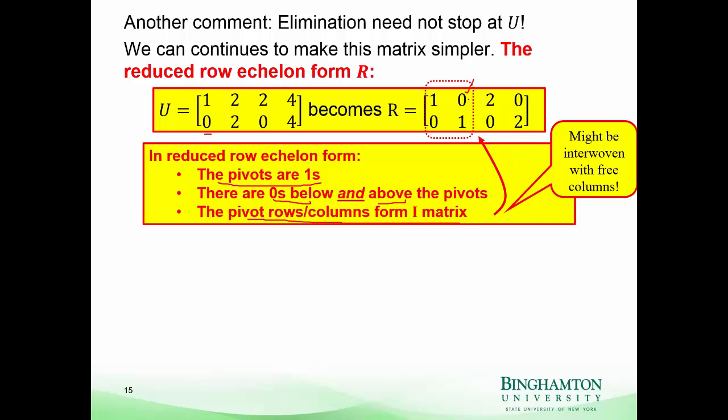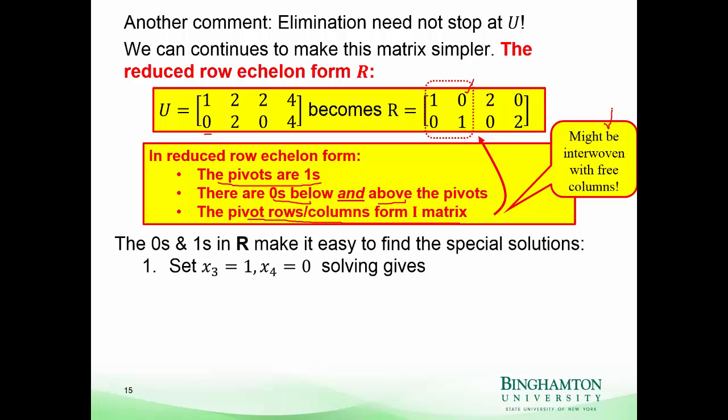So in this case, it's very easy to see the identity matrix there. But we'll see in the next example that the pivot columns might be interwoven with the free columns. So you won't see that identity matrix structure sitting there all grouped together. So it'll be easiest to see that in an example, which we'll see in just a little bit.